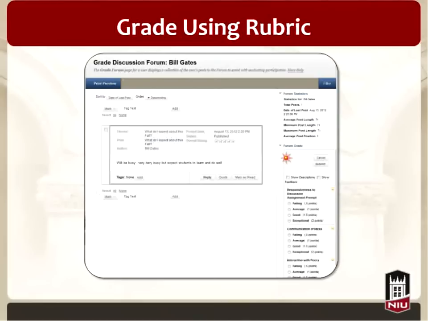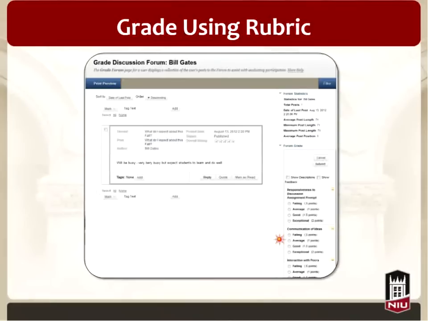You'll see here on the bottom right-hand corner that in addition to providing a grade for the discussion forum, you can also see the different criteria and the levels of achievement for that particular rubric that was associated with this discussion board. You will not see these options unless you've actually taken a created rubric and associated it with that assignment. When I use that word associate, that is Blackboard's term for taking a rubric that you created and applying it to an assignment that you want to use it with.